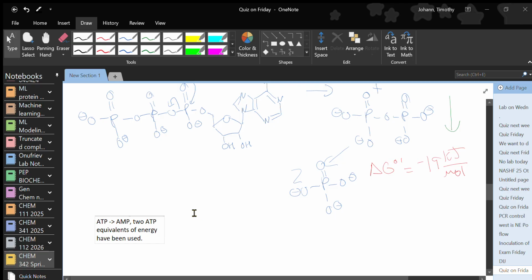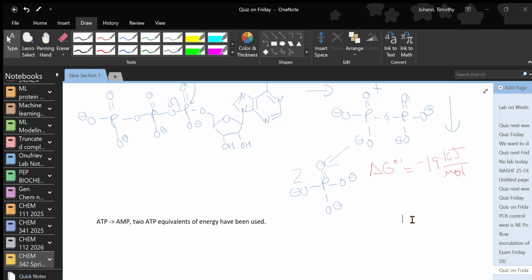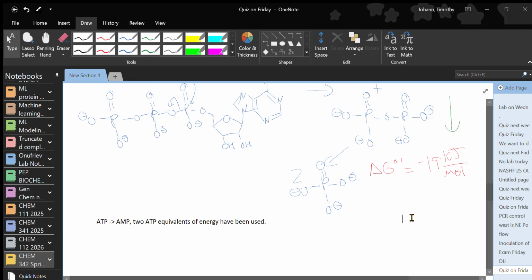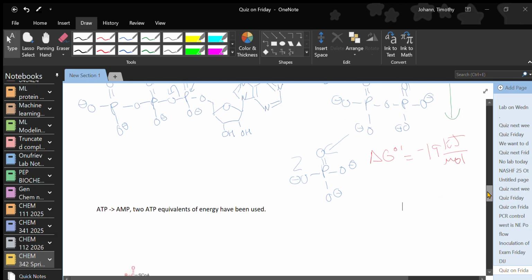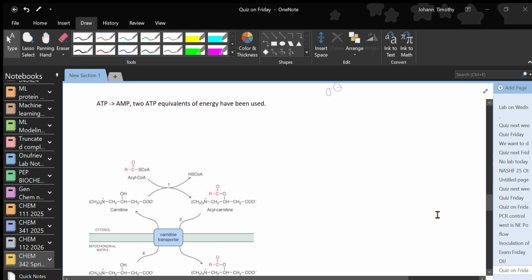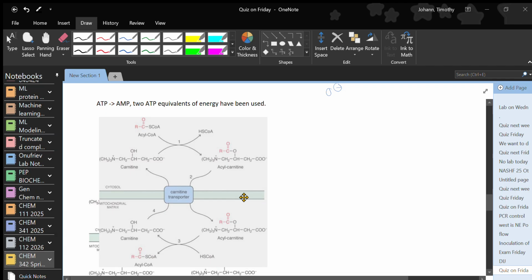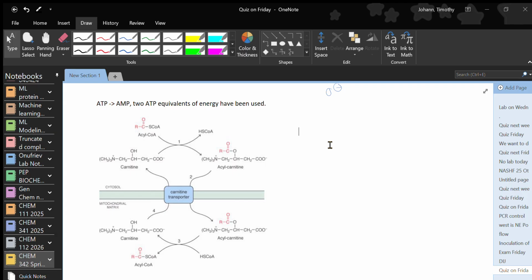So it costs two ATP essentially to stick this stuff on CoA, which is going to be important for bringing it into the mitochondria. I haven't shown you how it gets brought in yet. Okay, so this is the process of bringing it into the mitochondria. The free fatty acid is going to be attached to a carnitine to bring it into the mitochondria.